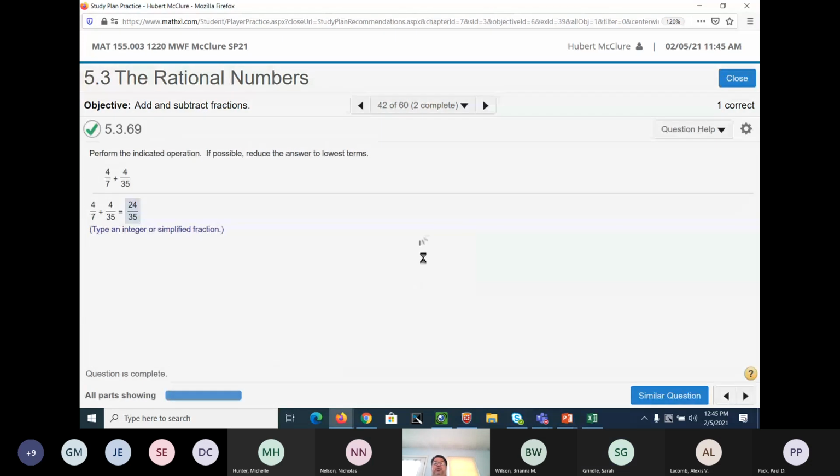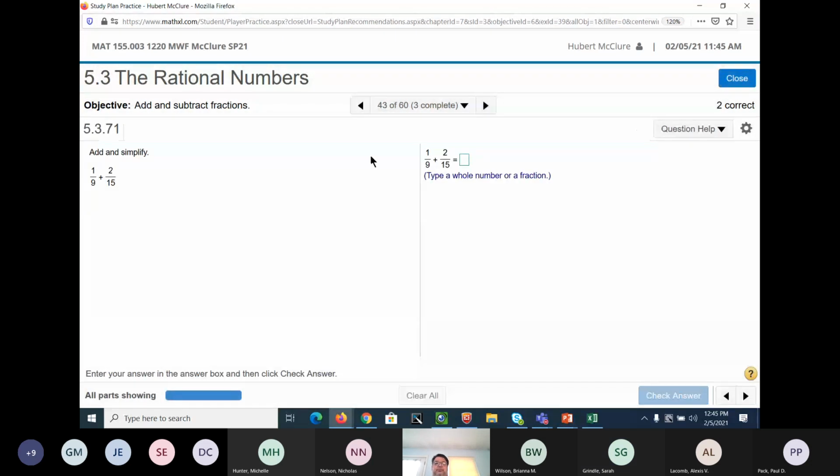All of these that I'm doing are test questions. So if you want to get ready for the test as far as 5.3, half or 3/4 of the 5.3 test questions, we're doing them right now. So 1/9 plus 2 over 15.